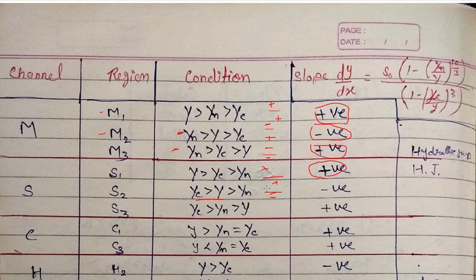Sf is greater than S0, that means this term is positive.